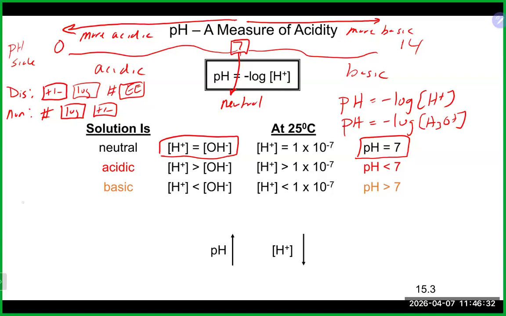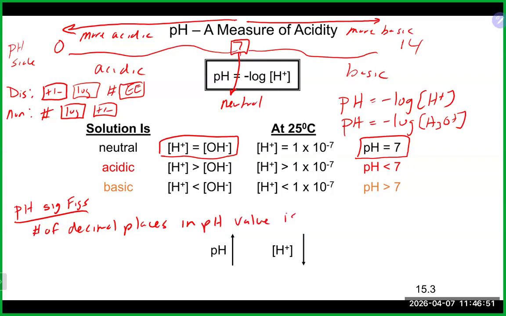Let's talk a little bit about pH and sig figs. So when you calculate something like a pH value, the number of decimal places in the pH value is equal to the number of significant figures in the concentration value.